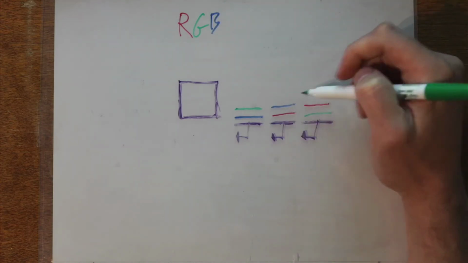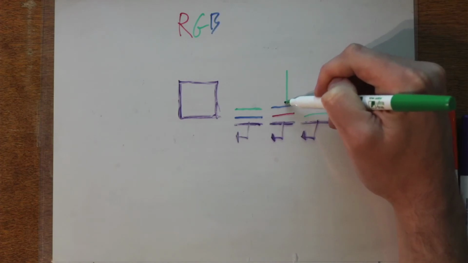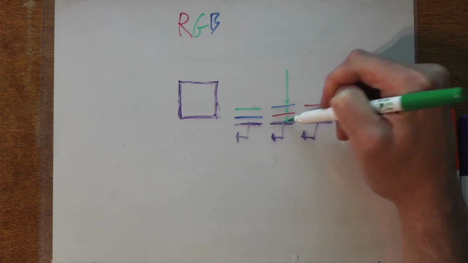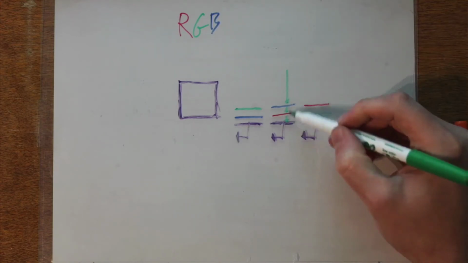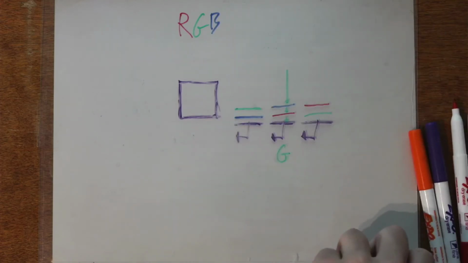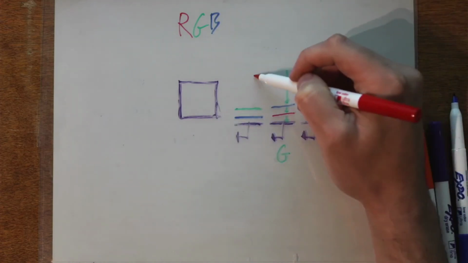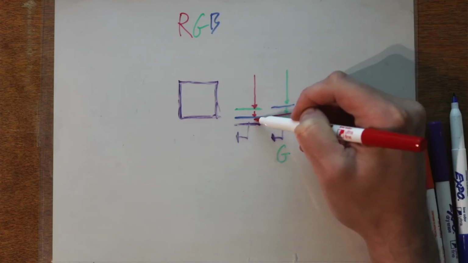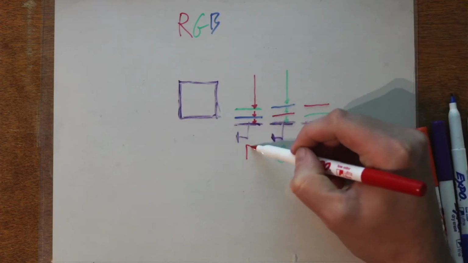We can see that green light is not going to stop at the blue layer. It's not going to stop at the red filter. It's going to get all the way through. So this one in the middle is going to read green. Same thing with this. The red is going to get through that blue layer as well, get to our sensor, and this is going to give us red. Right?